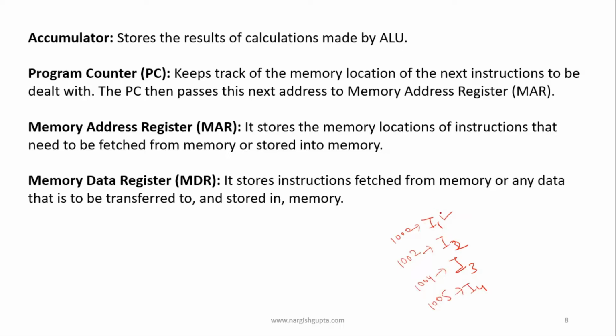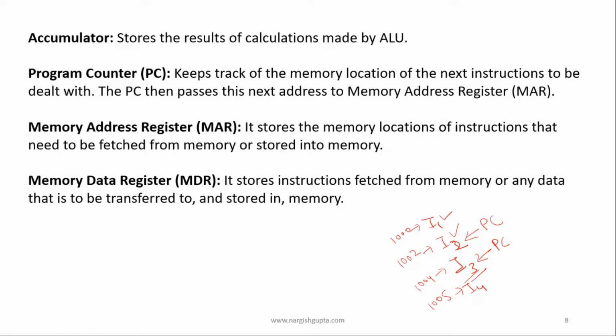So as of now, I1 is getting executed. Then program counter will be pointing to the next instruction which is supposed to be executed. When I2 will be getting executed, the program counter will point to the I3, that is the next instruction after the I2.